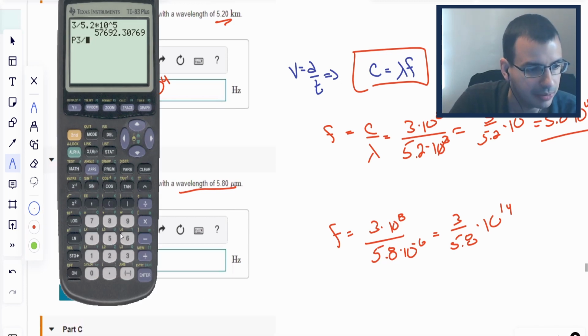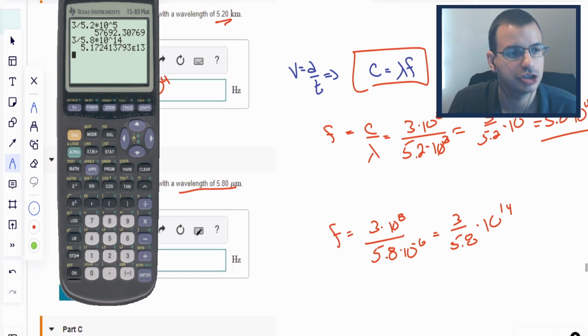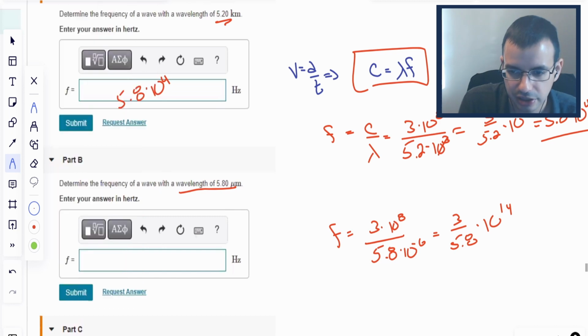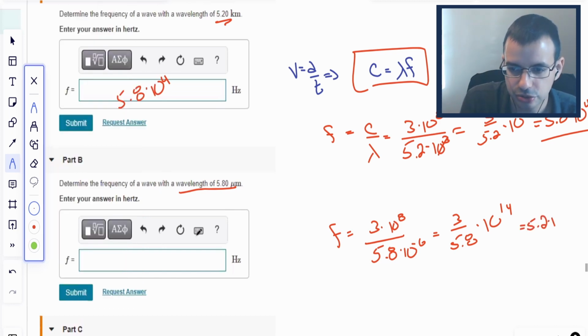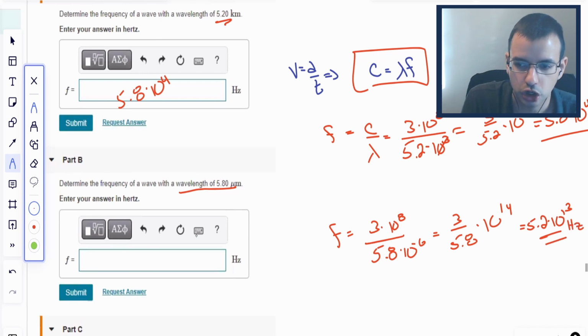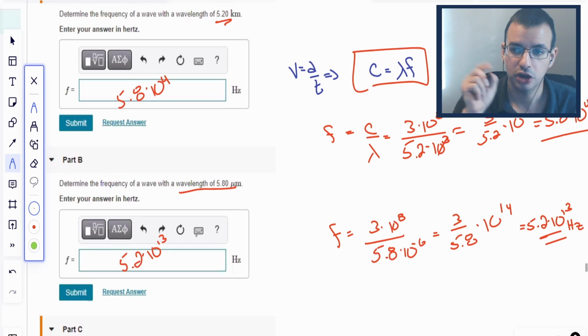So 3 divided by 5.8 times 10 to the 14th. And we get something like 5.2 times 10 to the 13th, and that's going to be hertz. 5.2 times 10 to the 13th hertz.